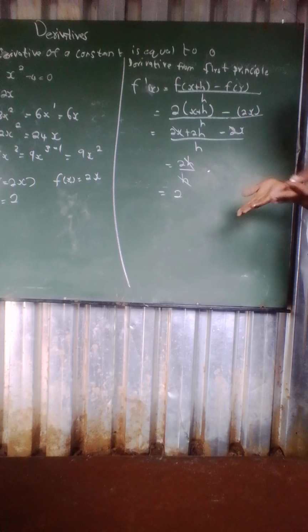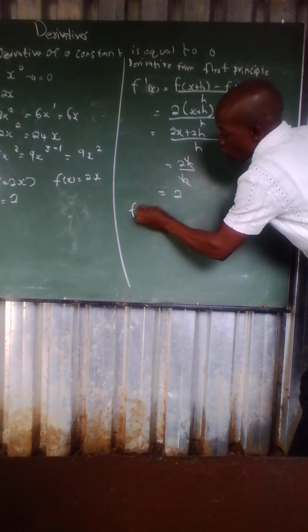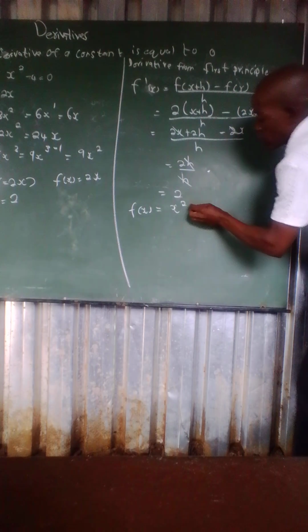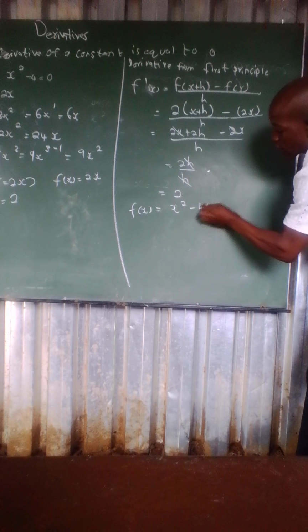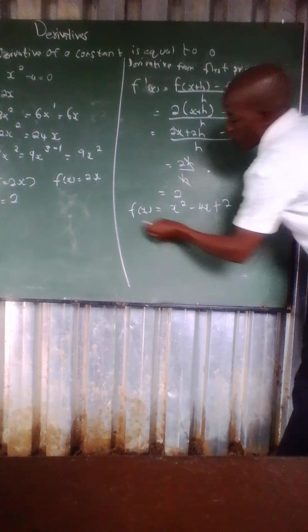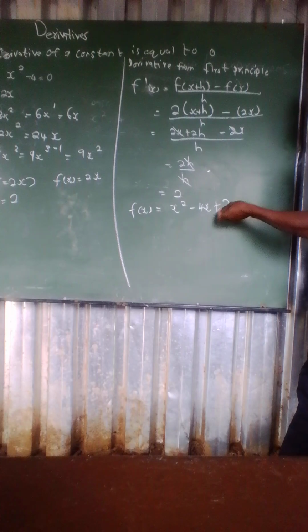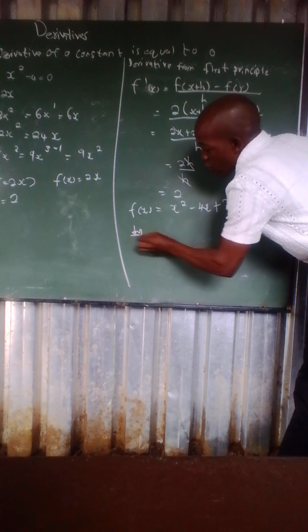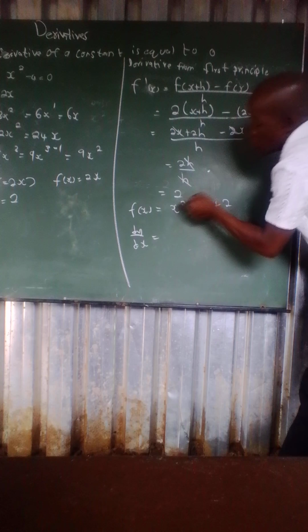For example, when you are given f of x equals x squared minus 4x plus 2, and they say find dy over dx, the derivative of this function, it will be dy over dx, which equals 2x.